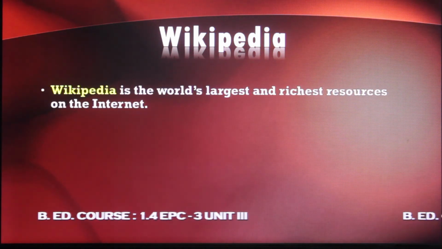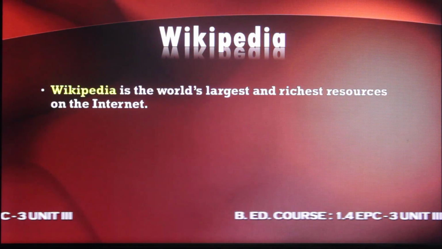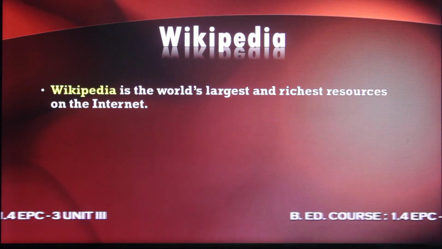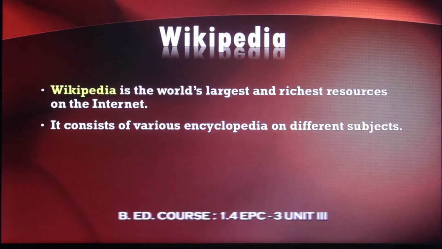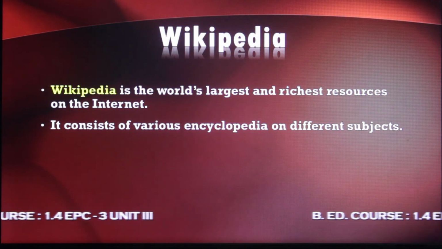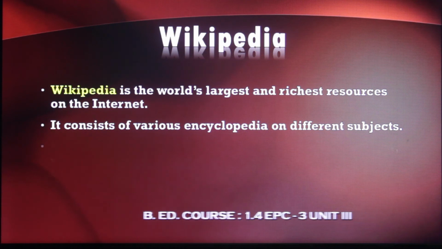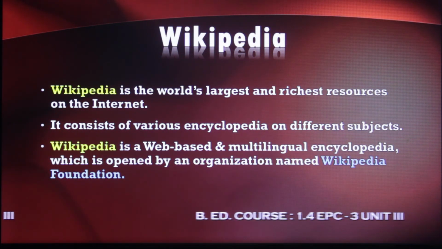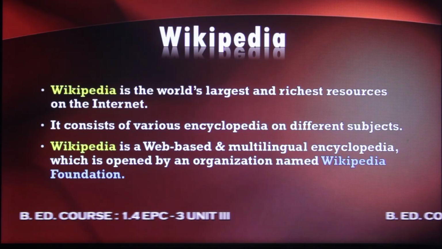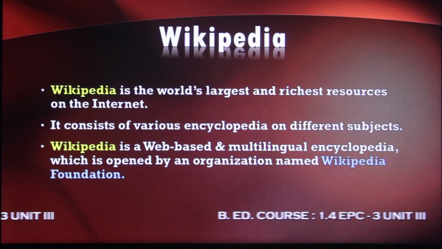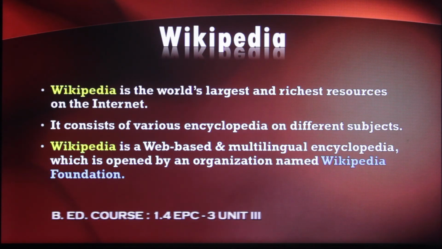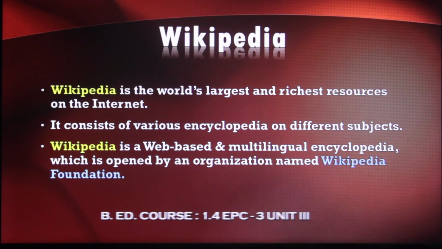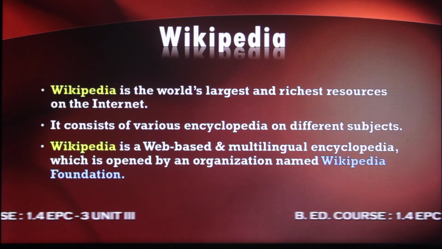Now, Wikipedia. What is it? Wikipedia is the world's largest and richest resource on the internet, and it consists of various encyclopedias on different subjects. Wikipedia is a web-based and multilingual encyclopedia which is operated by an organization named Wikimedia Foundation.